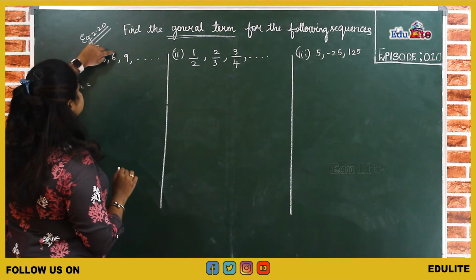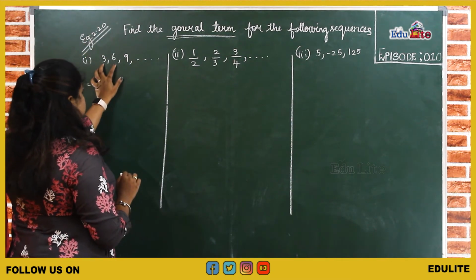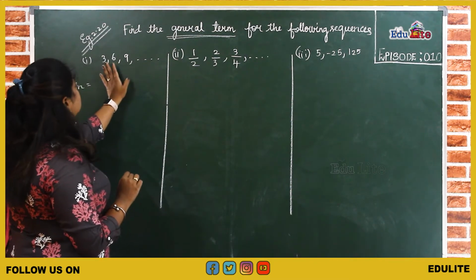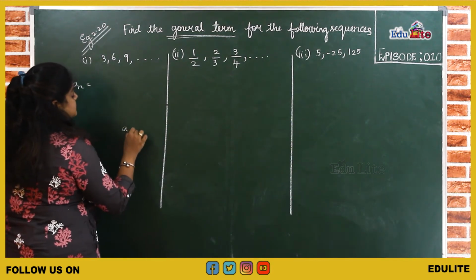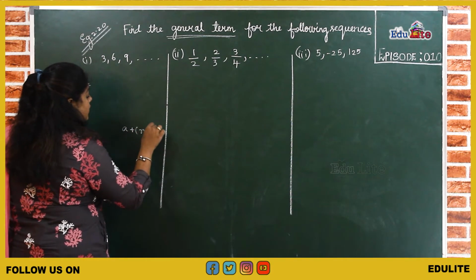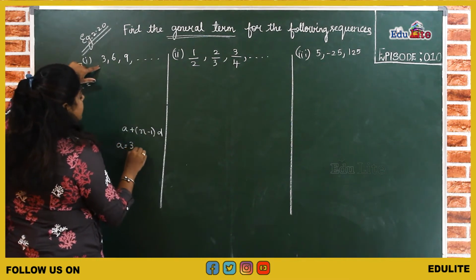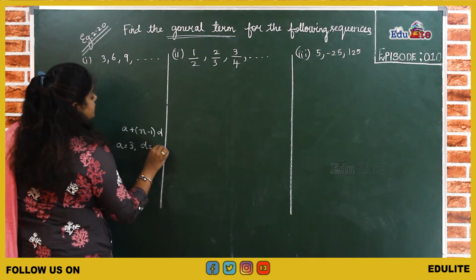So the common difference between these terms is all the same, which means the common difference between the first two terms is 3 and the next two terms is also 3. So it is the same. I am going to prefer the AP method. AP is a plus n minus 1 into d. In this, a represents the first term in the sequence and d represents the common difference between any two terms of the sequence, which is 3.